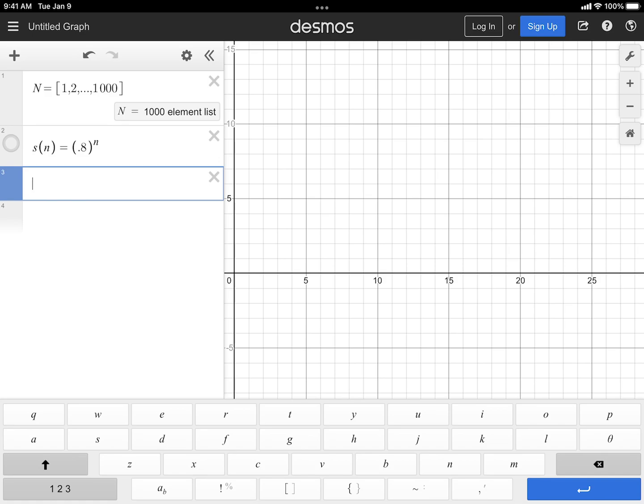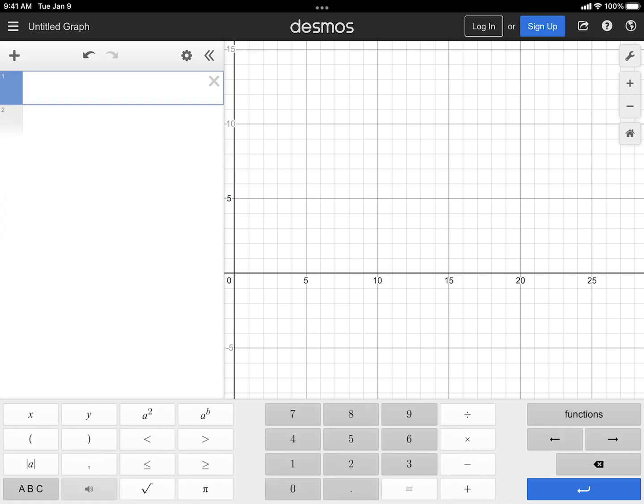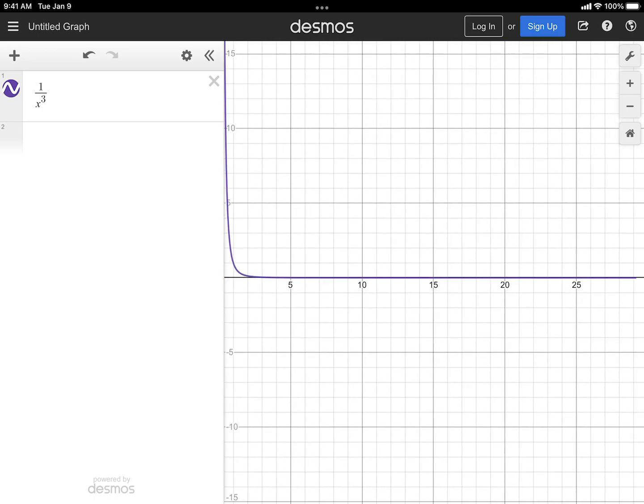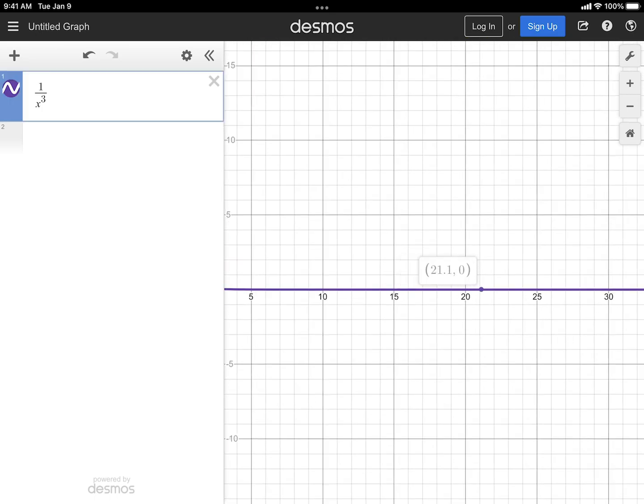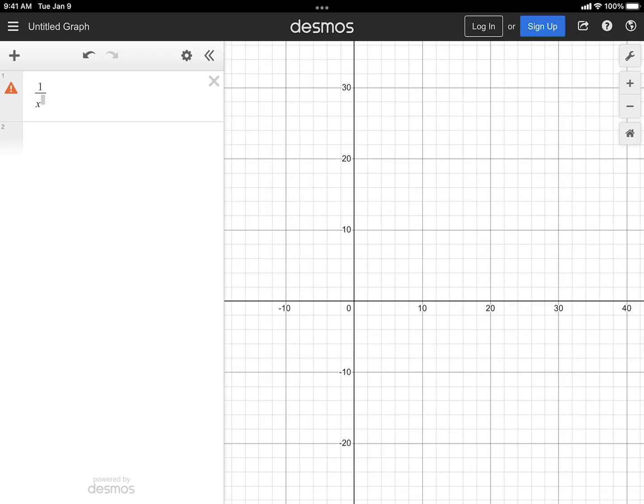So actually, let me get rid of some of this stuff. Let me show you what I mean here. So 1 over x to the 3, we can see that as n gets really big, this thing is going to go to 0. Same thing if we change the exponent.